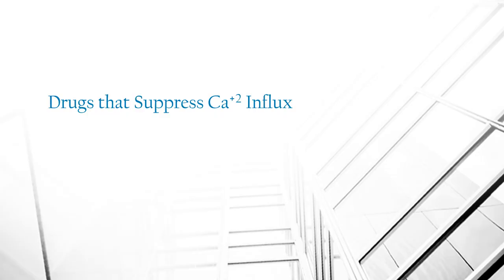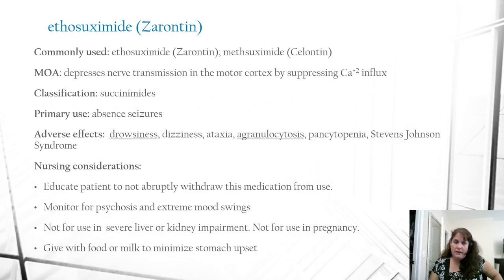So now we're going to look for drugs that suppress the calcium influx. Okay, moving on to a drug called ethosuximide. So this is a member of the suxamide classification, and how I remember that, it has sux, S-U-X, which is similar enough to suxamide, so I can remember that classification.